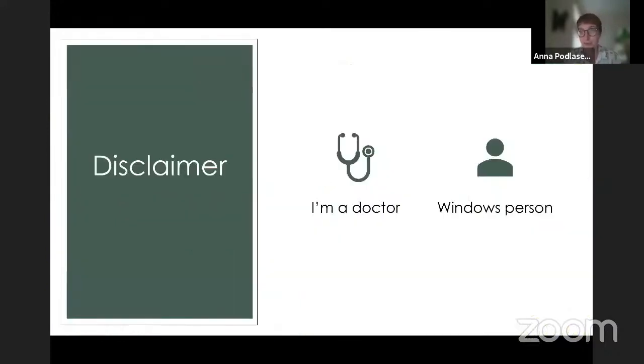So I will start with a disclaimer. Primarily, I'm a doctor. I studied medicine for the majority of my life, and this is my primary focus. But I also did a master's in biostatistics. I was very lucky at my university in Poland.